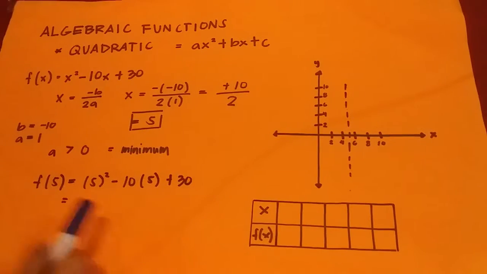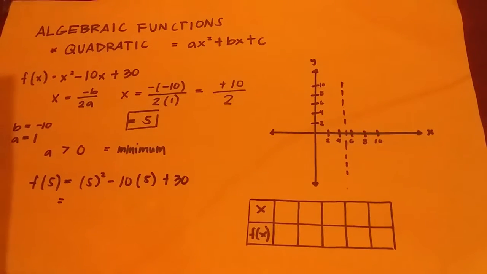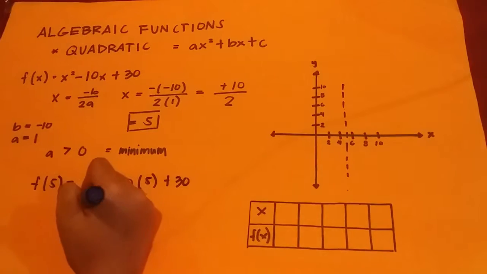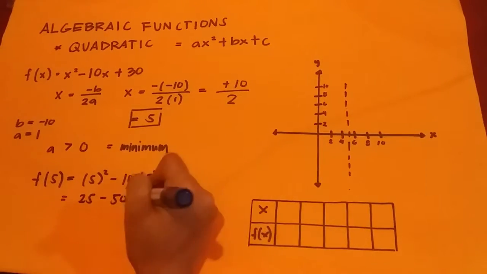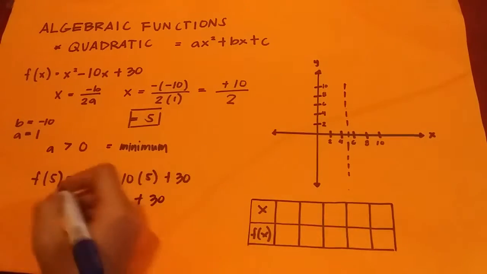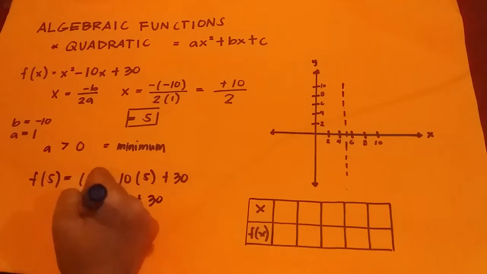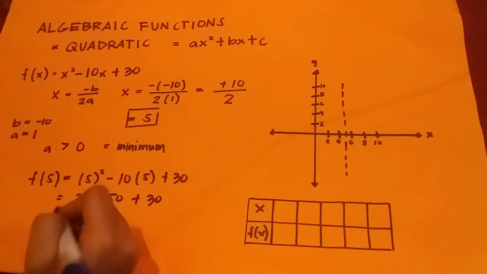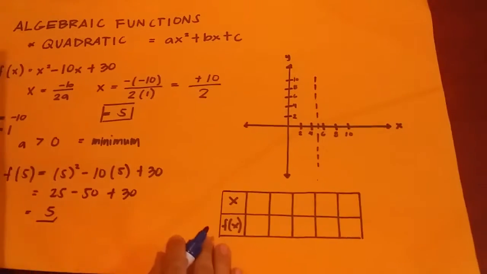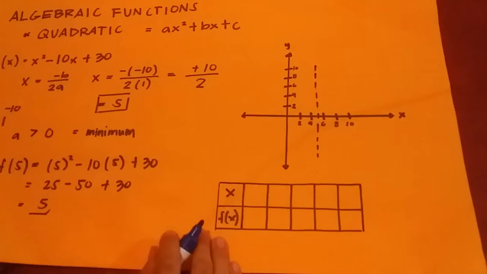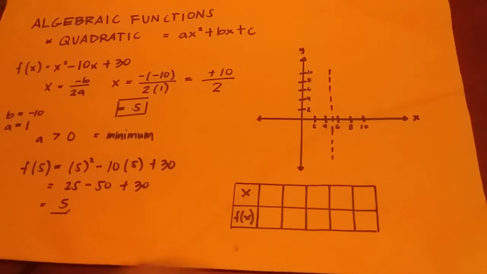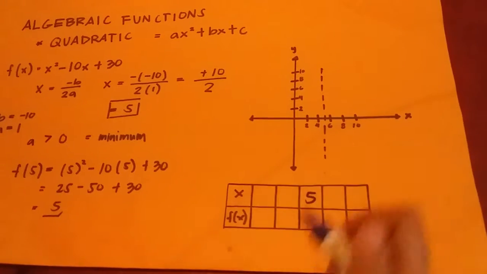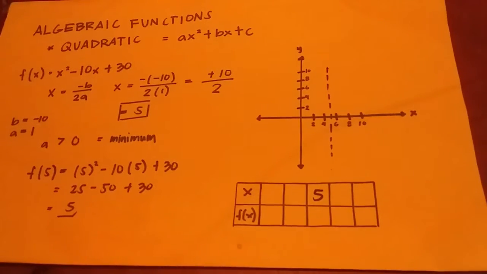This is from my equation, f of x. So 5 times 5, 25. So my f of x is 5. My axis of symmetry is 5, right? And my f of x is also 5.